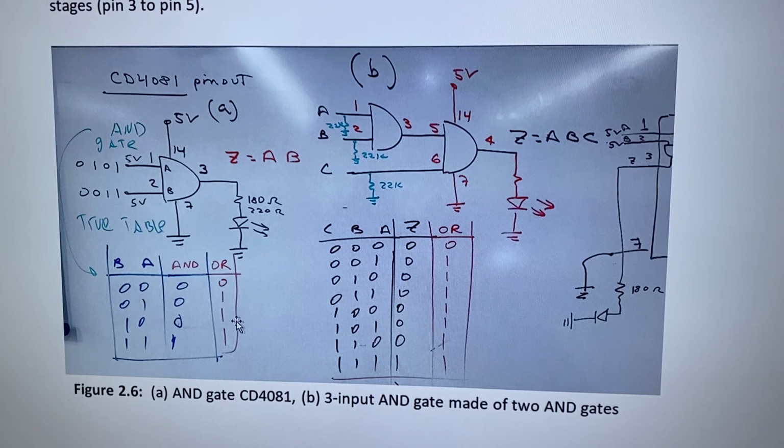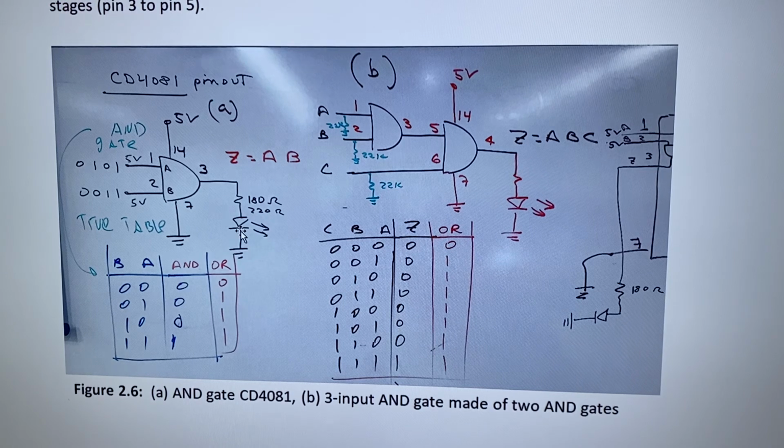Okay, and why am I using these red columns? Because right here, if you want the output LED to work in opposite logic, in inverted logic, you might disconnect it from ground and put it to voltage.